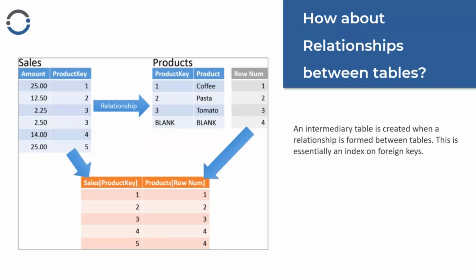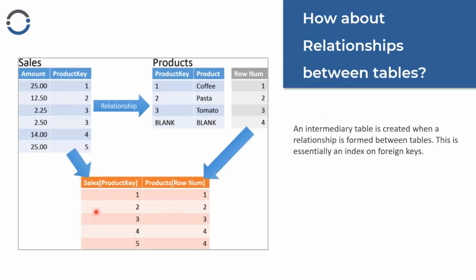And then we have dimension tables, which are all the descriptors of those business events. When you create a relationship between these two tables, an intermediary table gets created automatically behind the scenes. You don't have any control over it, and it says this row is related to that row. Kind of like creating an index on foreign keys is really what that boils down to.